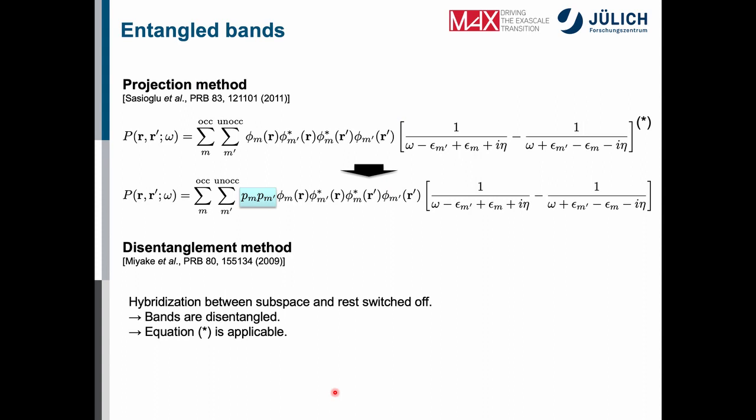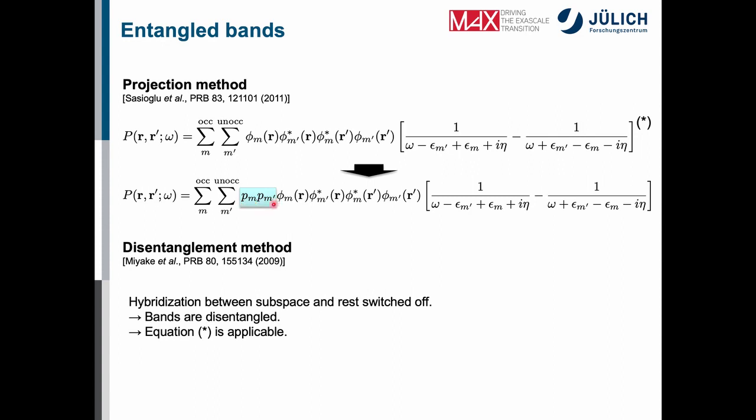The first is our own. I call it the projection method. Here we scale each virtual excitation by a prefactor P_m times P_m'. P_m is the probability that an electron in the state m is in the correlated subspace at the same time.